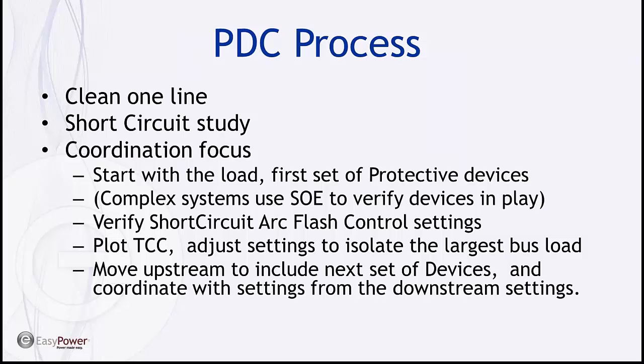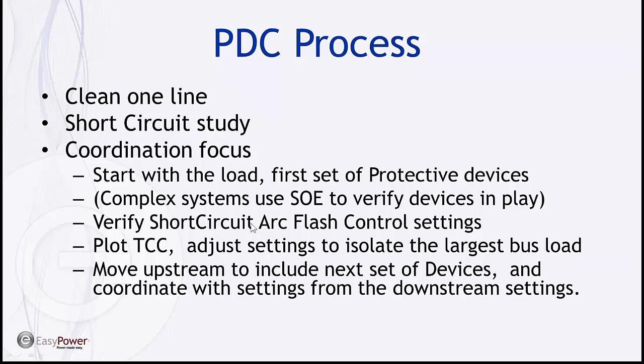You want to start with a clean one-line. You want to make sure that you can produce and calculate the branch currents by faulting the buses. Then we want to enter coordination focus, start with the load, and take the first set of protective devices above the load. If you have concerns about what order the protective devices are going to trip, use a sequence of events to verify the devices in play.